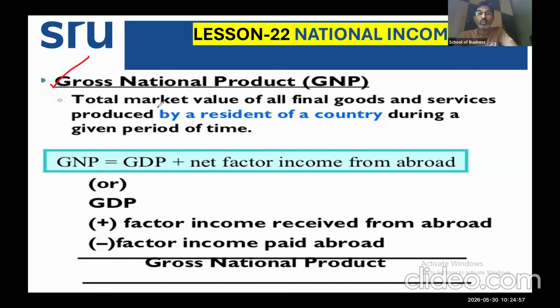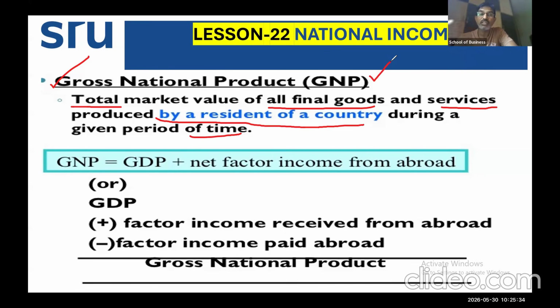Friends, please remember: it is the total market value of all final goods and services produced by the residents of a country during a given period of time. This is known as gross national product.